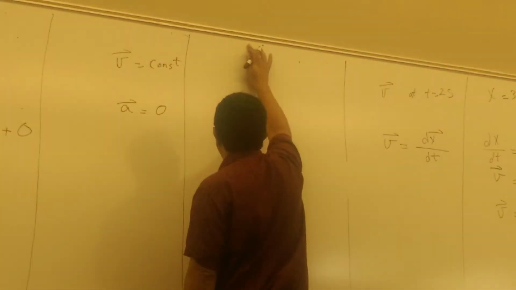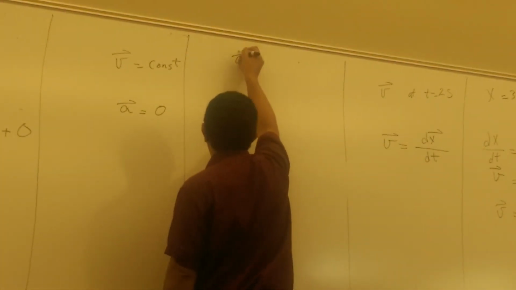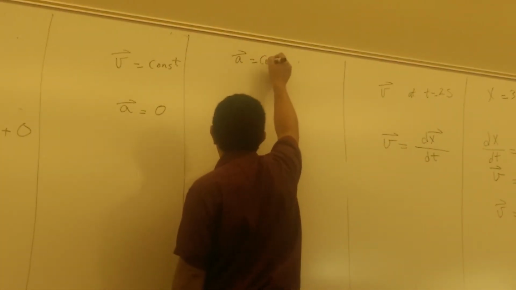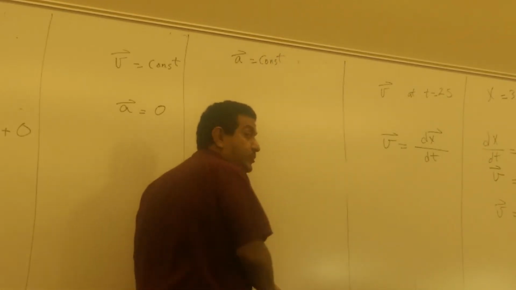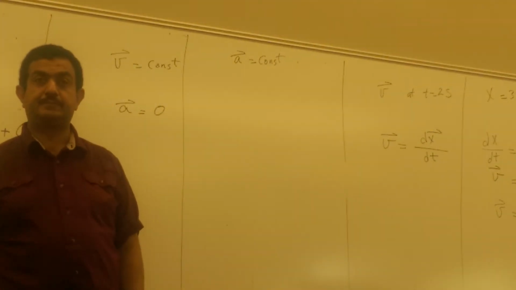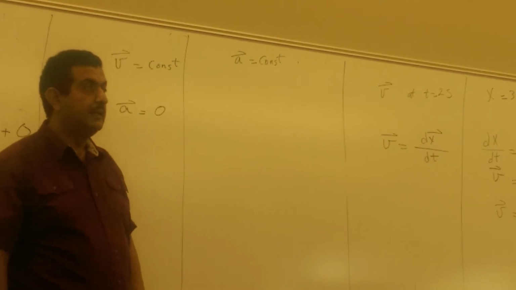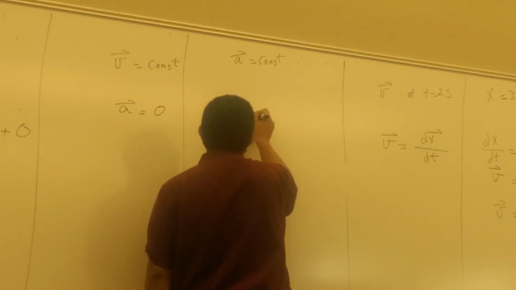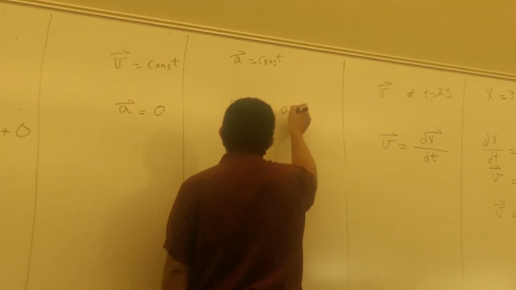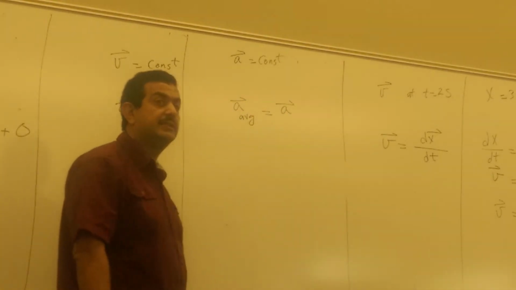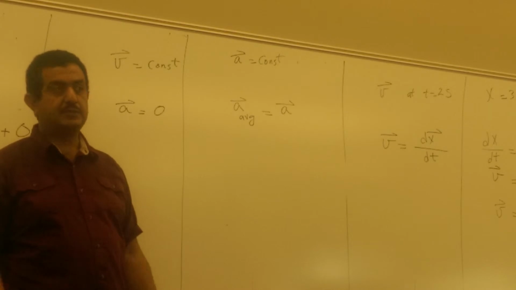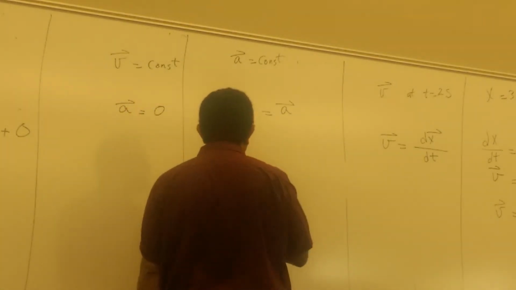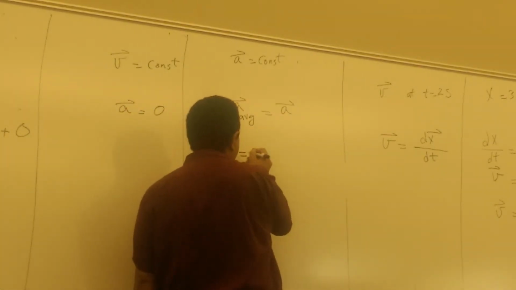What happens if a is not 0, constant, like 6 or 2? If that is the case, you will find that the average acceleration equals the instantaneous acceleration. Just to show an example, let's assume my acceleration a is 3.